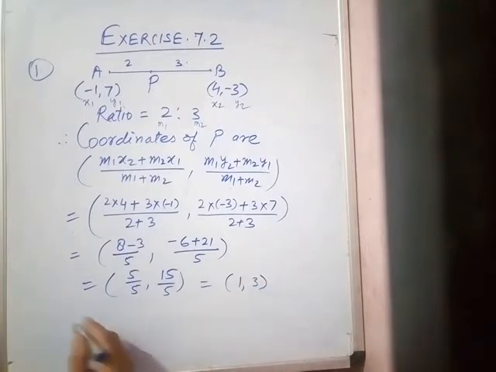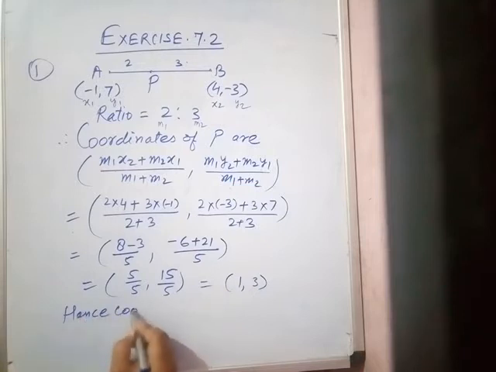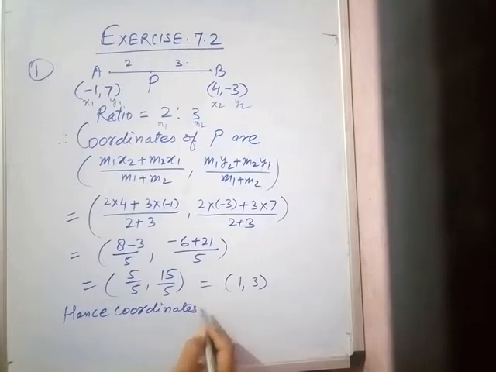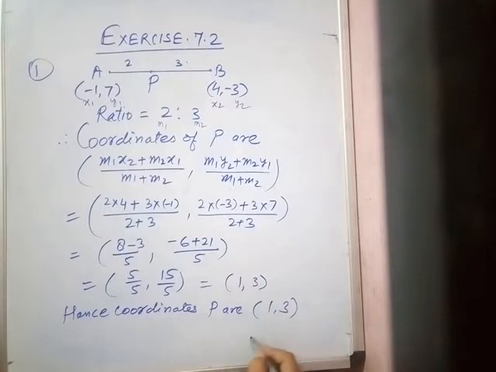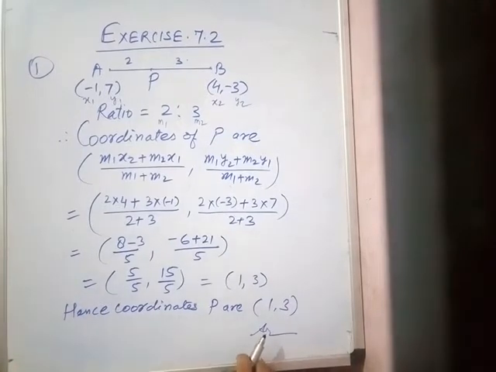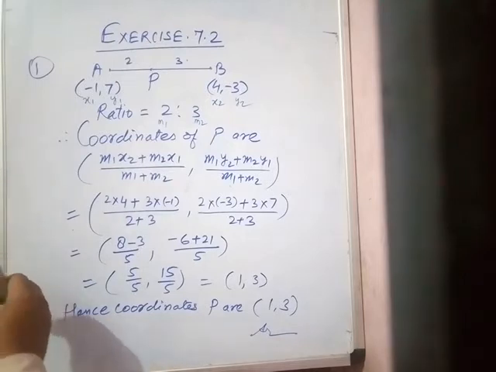Hence the coordinates of P are 1 comma 3. This is the required answer. So now let's discuss the other question, that is question number 2.